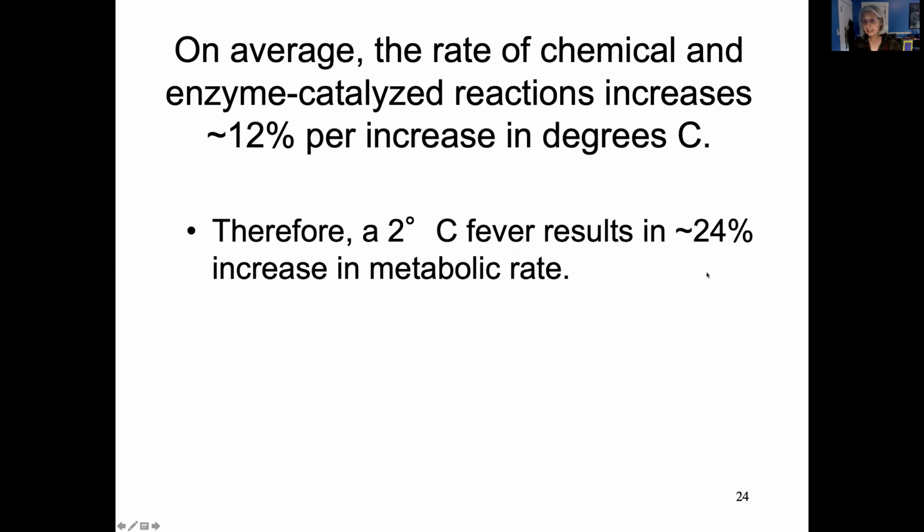Right? And that is not taking into account why he has the fever. There might be other things going on. And infants with their big brains, their big heads, actually use a lot of glucose. So hypoglycemia becomes a real issue here. And it all has to do with the fact that all the enzyme catalyzed reactions are going that much faster with the increase in temperature.